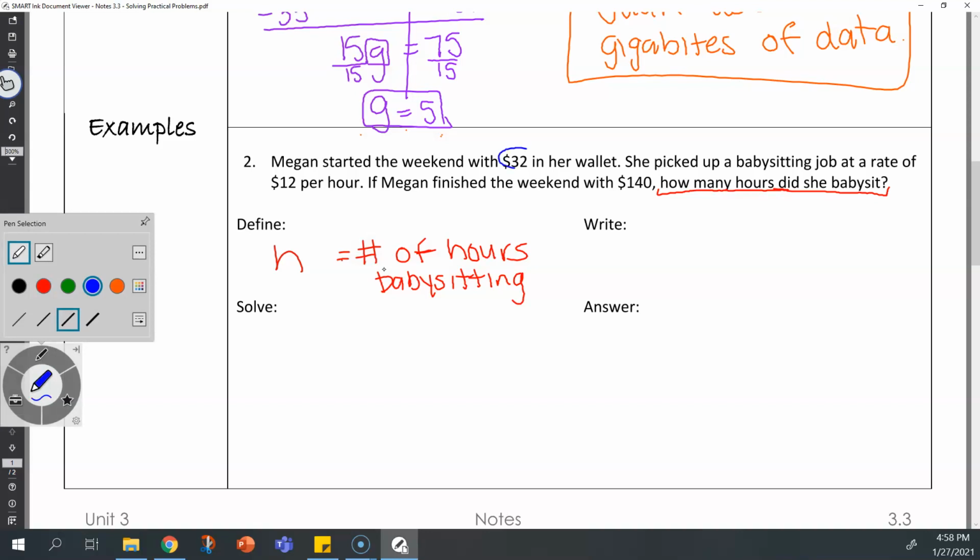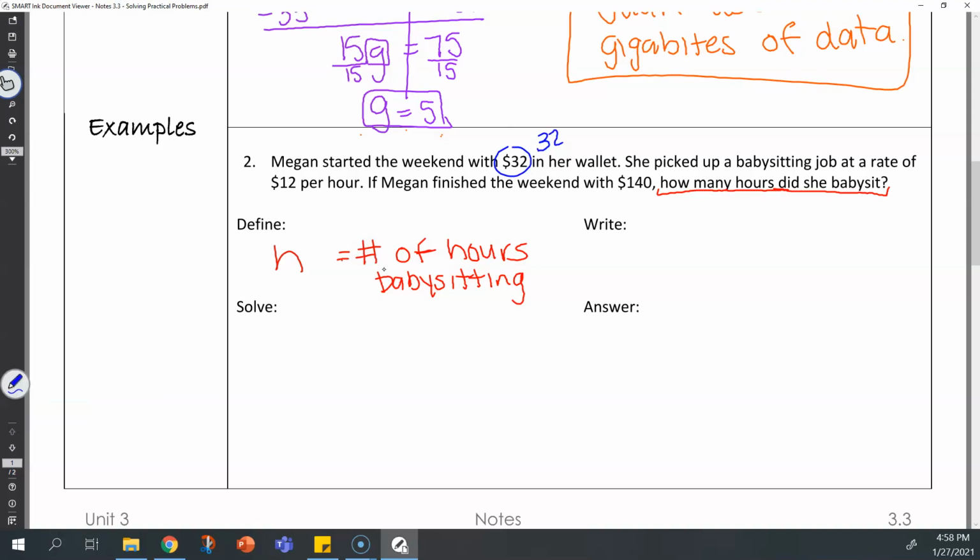She has $32 in her wallet. So she's already starting off with $32. She picked up a babysitting job and the rate is $12 per hour. So it's going to be $12 times the number of hours that she works. Okay, I already said that I'm going to represent that with H, so I'm just going to plug that in up here next to 12.